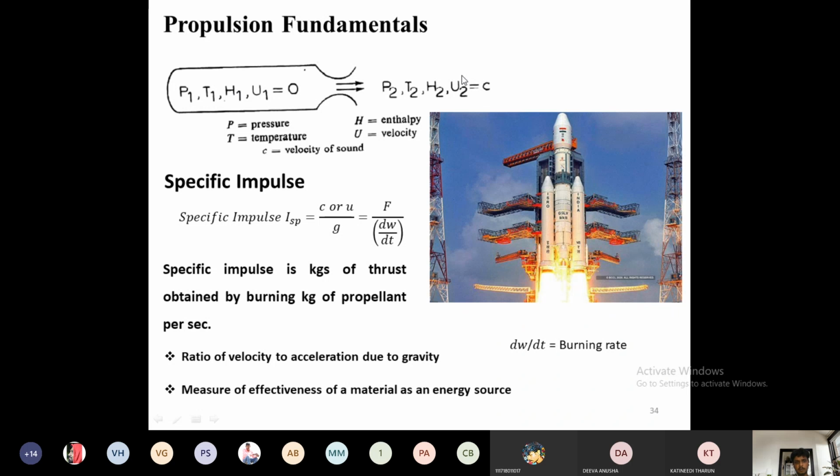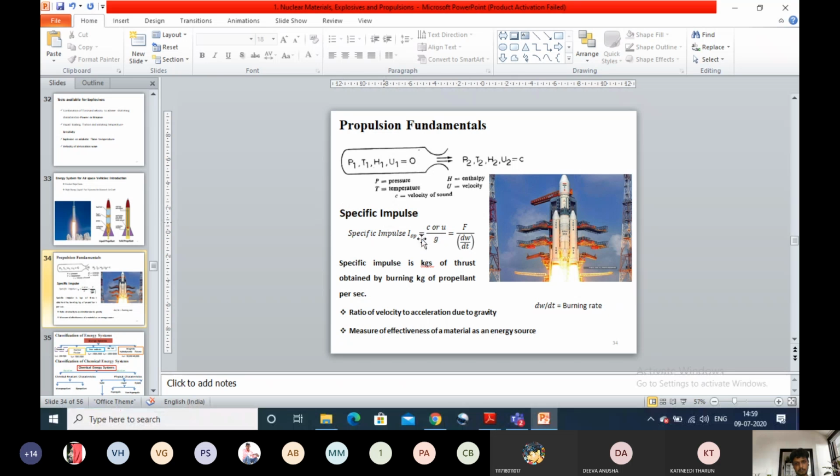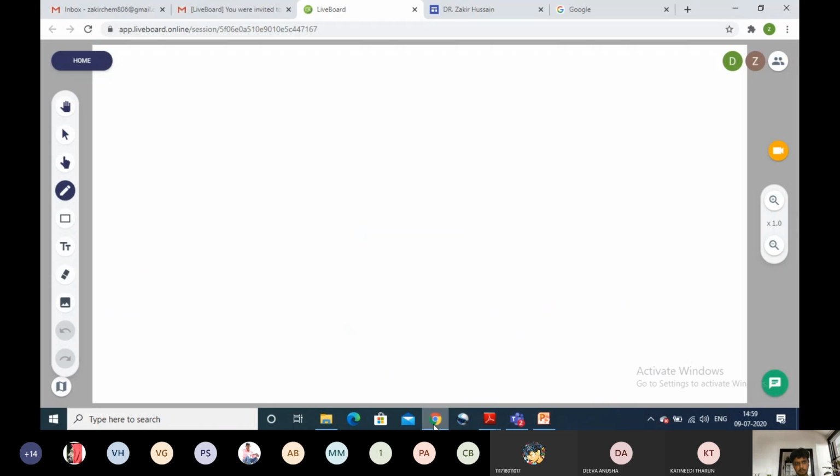Now, what is the specific impulse? How is the specific impulse of a particular fuel evaluated? Based on what criteria will the specific impulse be created in a propellant system? We have to see it. So I will share my live board. Okay, now see.